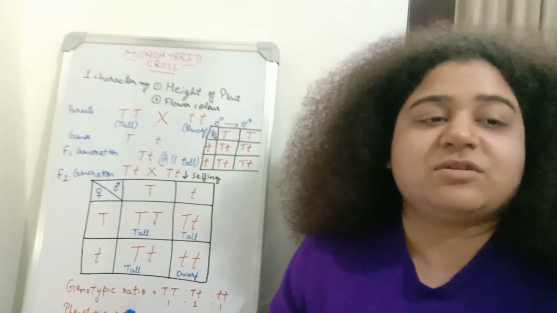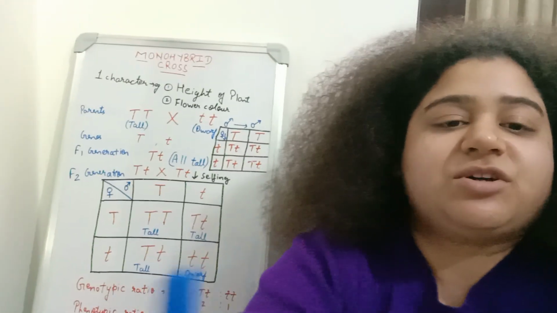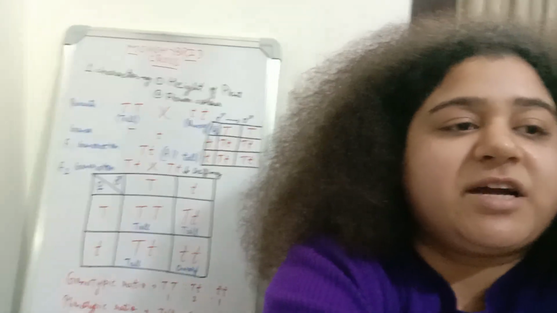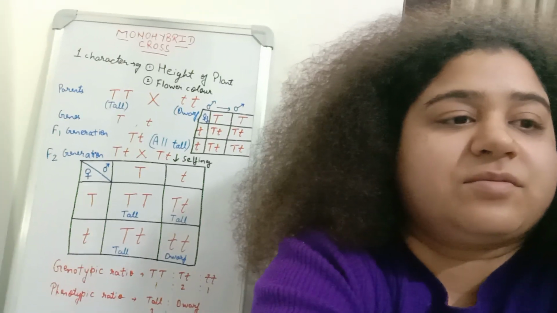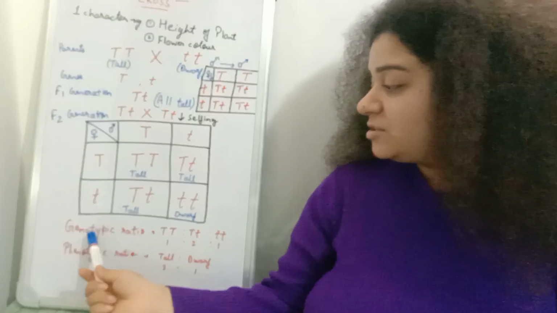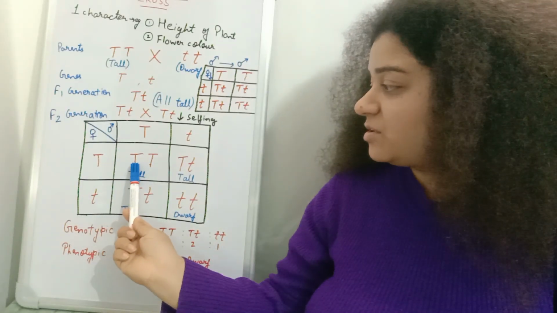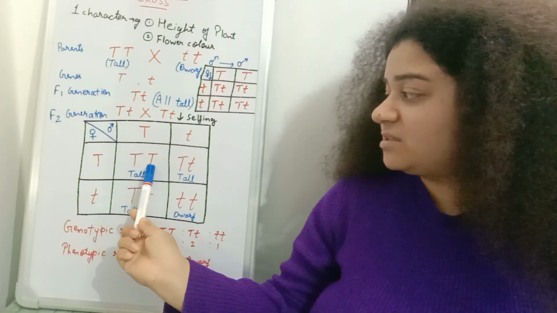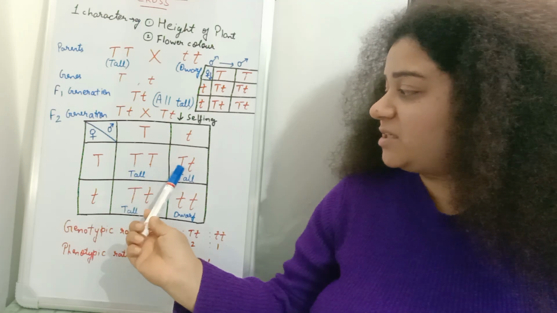So based on this, we will now find out the ratio of the genotypic and phenotypic characters. Genotypic ratio means the ratio of these genes, the alleles that we have crossed, capital T and small t.